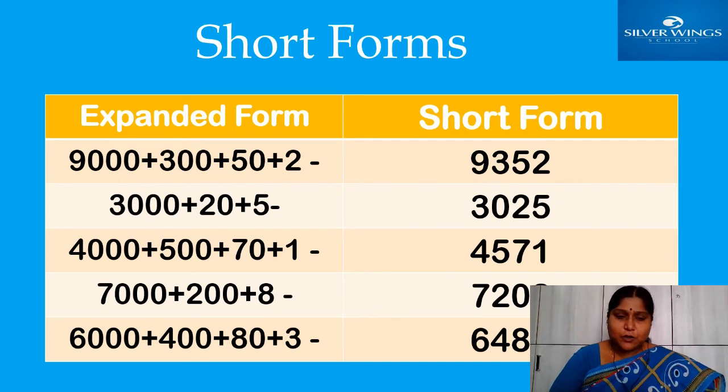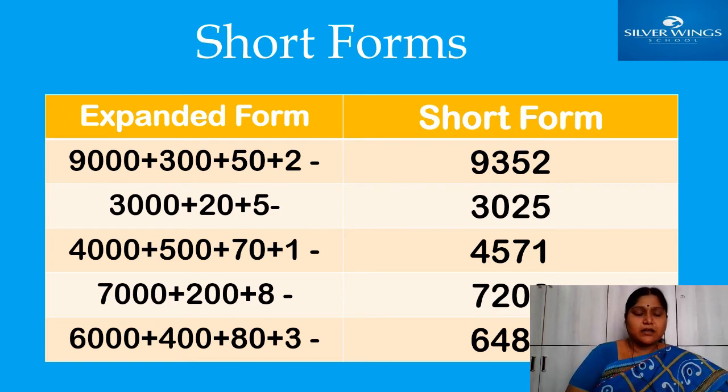If you do not write 0, the value of the number will change. So here it is very important to write 0. If suppose a place value is not mentioned in the expanded form, then in that place you should write 0 in the short form. Okay, that is very important to write short forms from the expanded form.